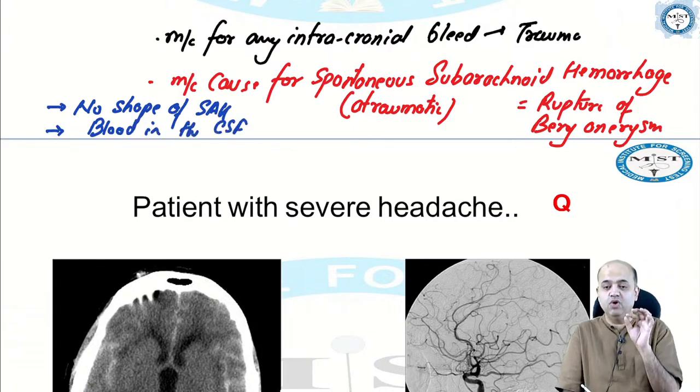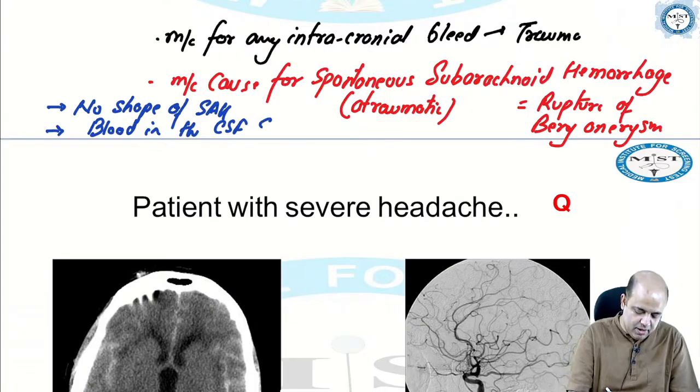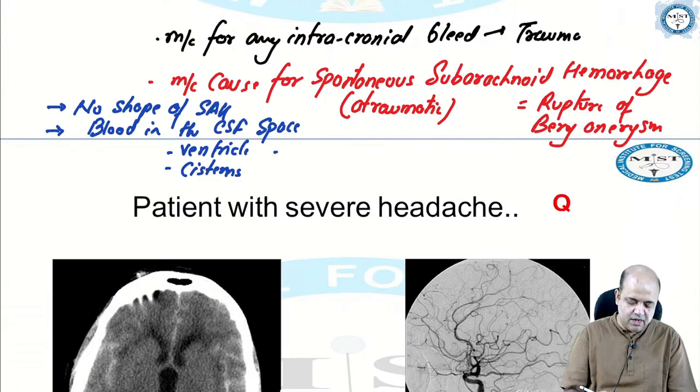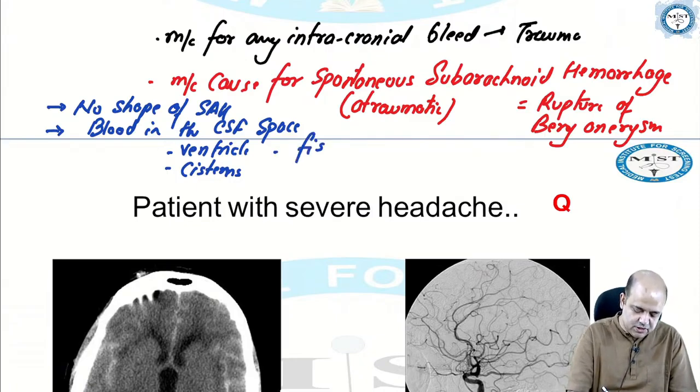Wherever there should be normal CSF, there is blood. It can be in the ventricles, in the cisterns, along the fissures and along the cerebral sulci.